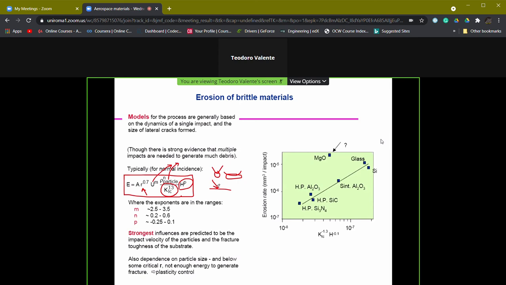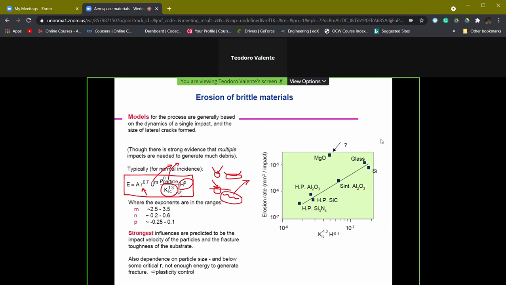So here we have high stresses, and these high stresses can cause the formation of cracks and thus also the material removal. And we know that crack formation and crack propagation are related to the fracture resistance properties of the surface.